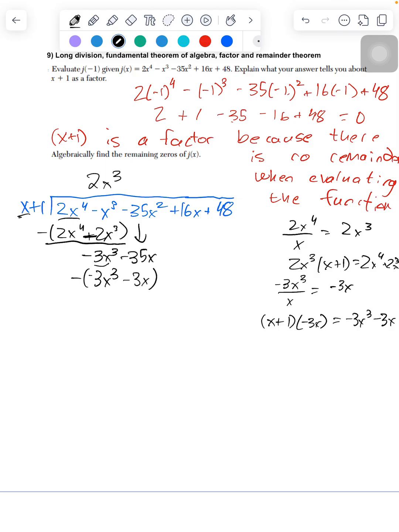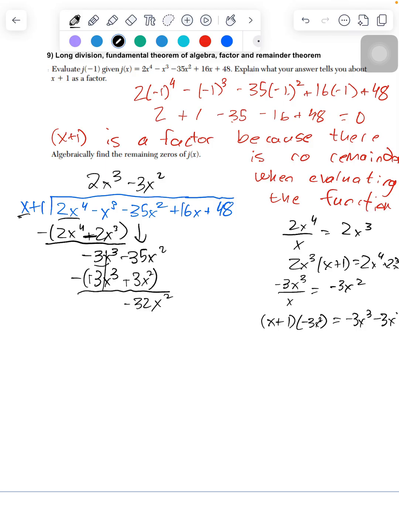So negative is positive, so this cancels out, right? Negative is positive, so minus 35x plus 3x is going to be minus 32x. Sorry, these are all squared, right? So these are all squared. I know something looked wrong. All right, so we get minus 32x squared.